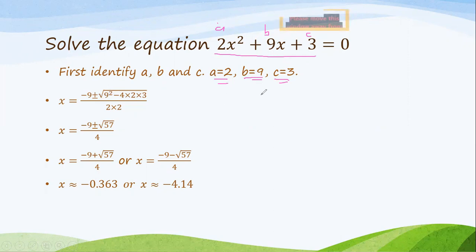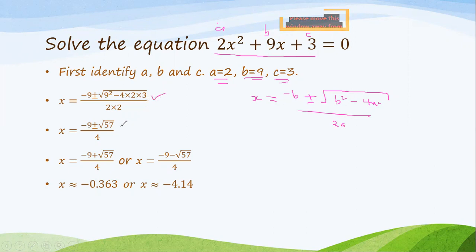We substitute these in the quadratic formula, which says x equals negative b plus or minus the square root of b squared minus 4ac, all over 2a. When we substitute them, I end up having an equation like this.